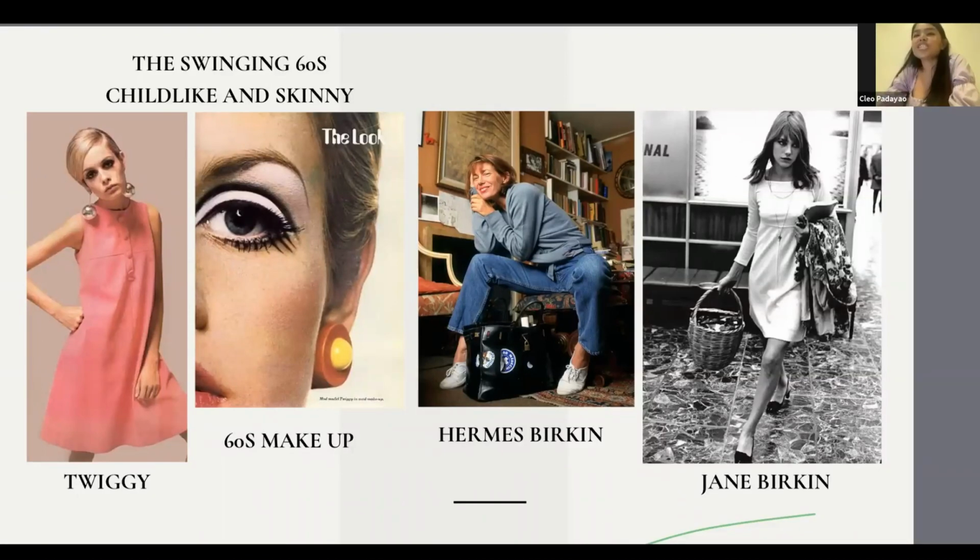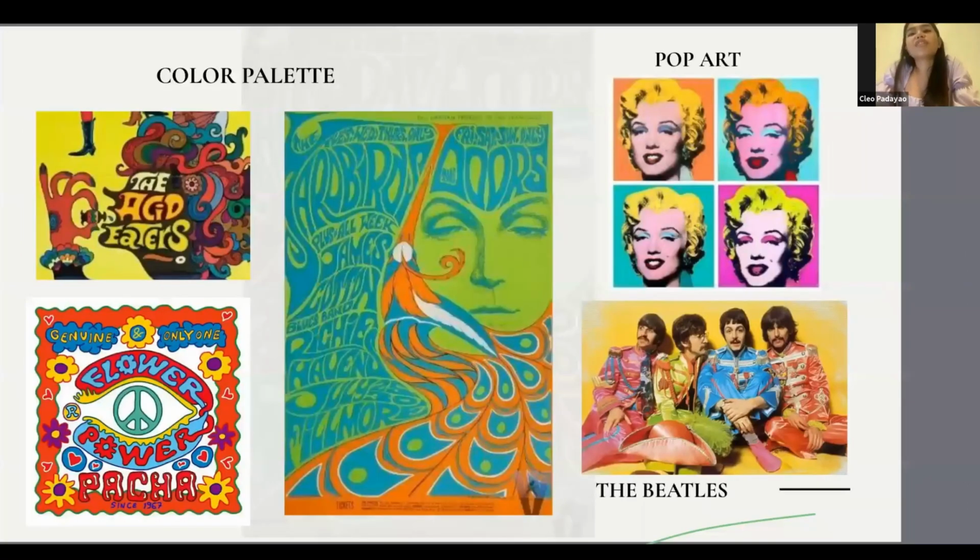Next, so let's just get to know the color palette of the 60s. As you can see, it's very neon, very colorful. There are a lot of pops of color. This was also very inspired by the use of psychedelics or hallucinogenic drugs, which created very bright colors.